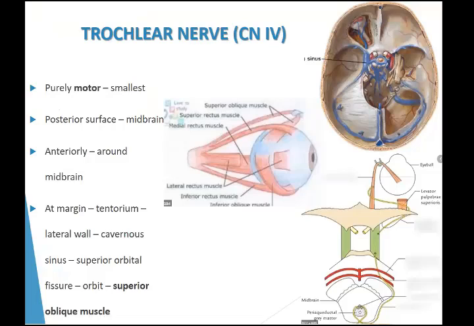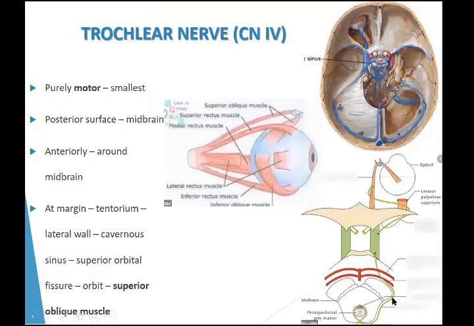Let's come to the next nerve, which is the fourth cranial nerve. The fourth cranial nerve is also called the trochlear nerve. Once again, this is a purely motor nerve, and it's the smallest nerve. Okay? The thinnest, the smallest nerve. This also comes from the midbrain.